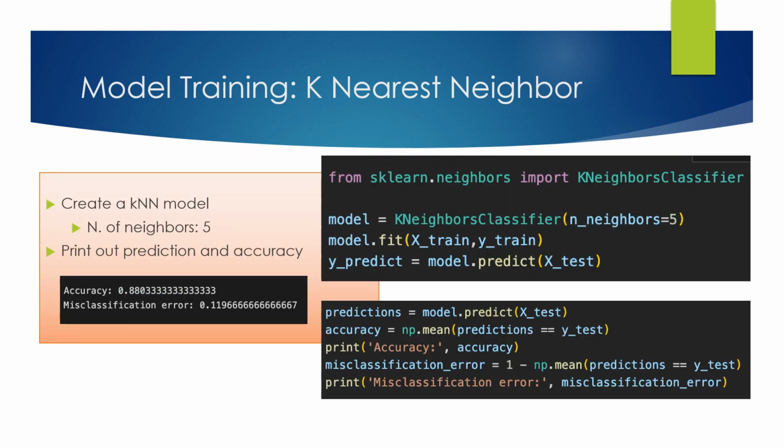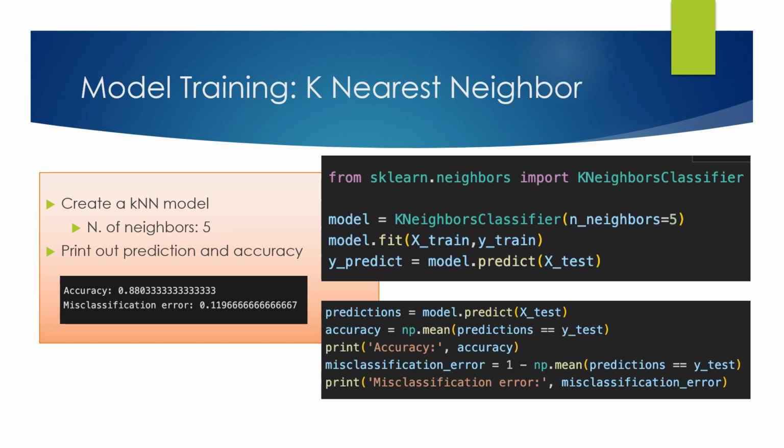Next, we will actually generate a KNN model. I choose the number of neighbors of 5 because we have a total of 20 categories after classification, and we choose the number of neighbors based on the square root of that total, which is around 4.4, and I round it to 5.